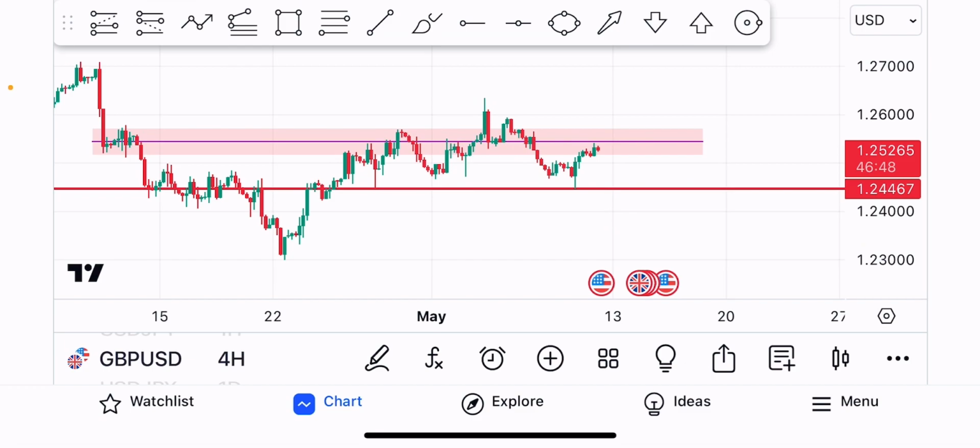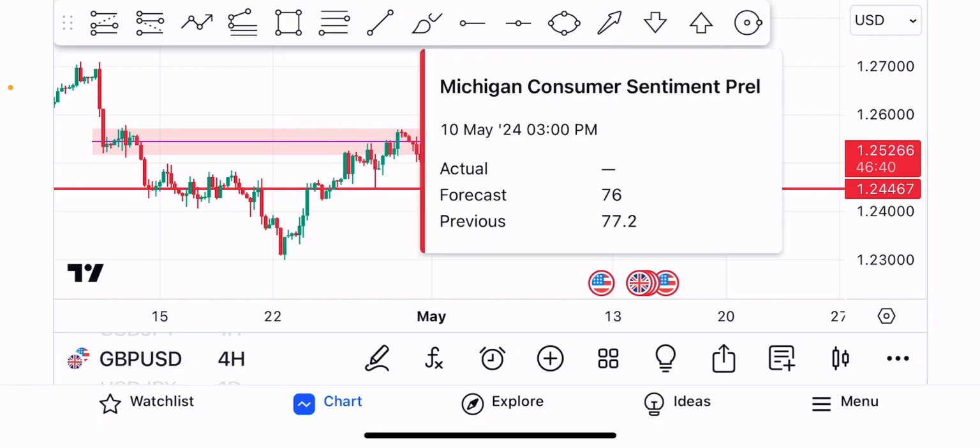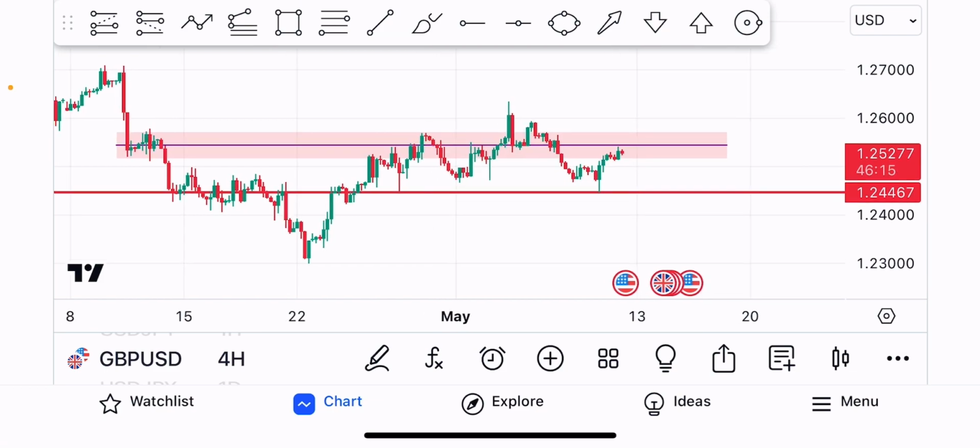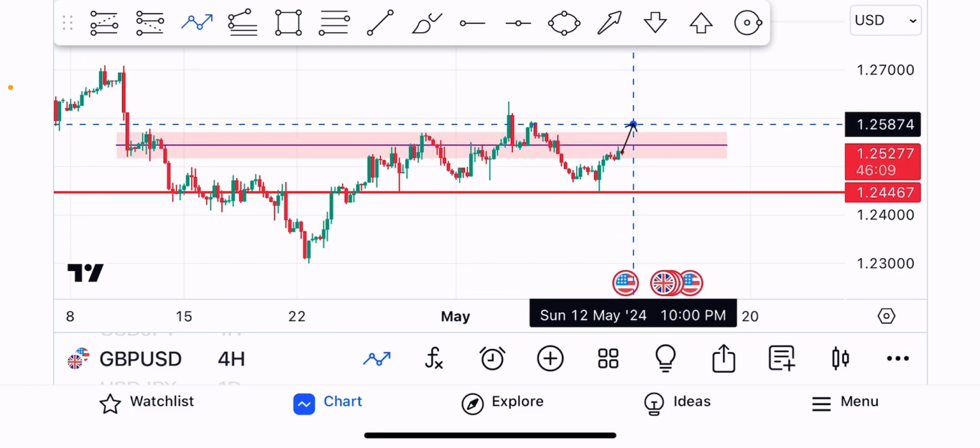Today we have some fundamentals coming up from the United States. We have Michigan sentiment news that's to be released by 3 o'clock in today's trading session, New York. From the forecast, what we have as the previous data is 77.2 and the forecast is 76, which is lesser than expected. If the data actually comes out lower than expected, then the impact is that we are going to get a further retrace from the H4 perspective.